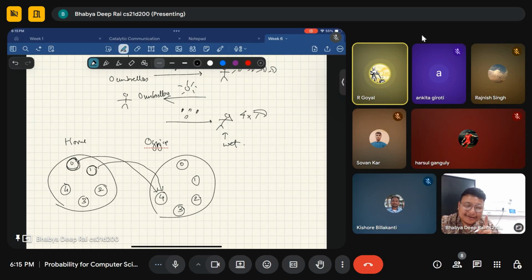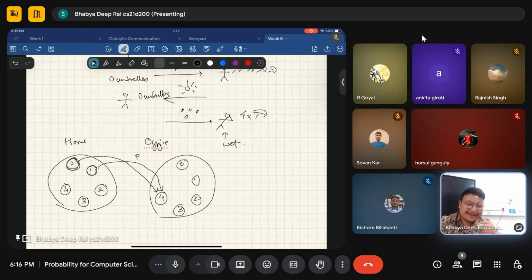Because the person will take the umbrella only if it rains. So therefore, we'll make a transition from 1 to 4. With what probability? With the probability of p. Very good.